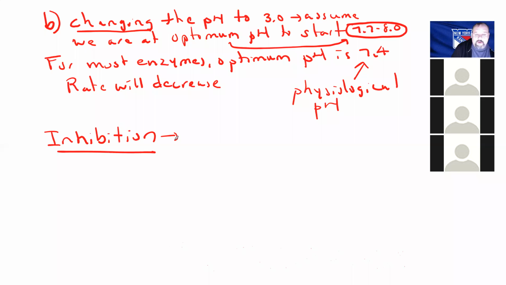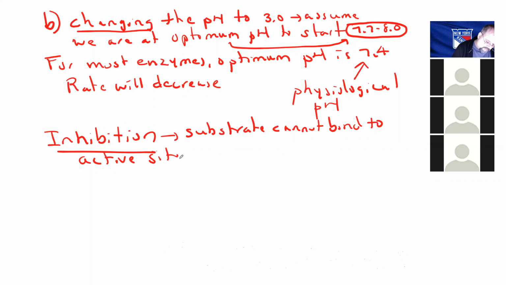There are different types of inhibition, but when inhibition occurs, the substrate cannot bind to the active site on the enzyme. There's three types. The two main types are competitive and non-competitive.